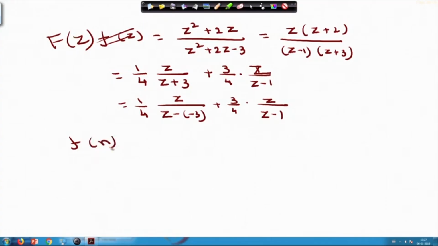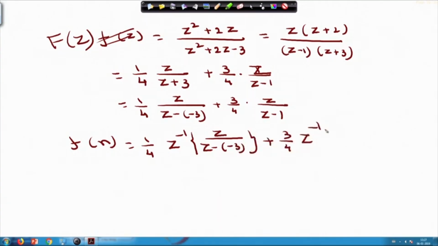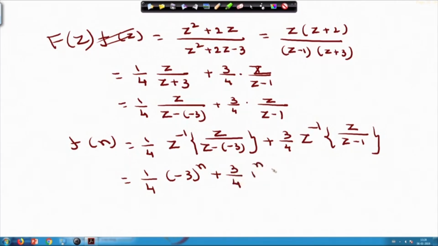So, now from here F n I can write down simply 1 by 4 Z inverse of z by z plus 3 plus 3 by 4 Z inverse of z by z minus 1, and we know the values of these things. 1 by 4 into minus 3 whole to the power n plus 3 by 4 into 1 to the power n.